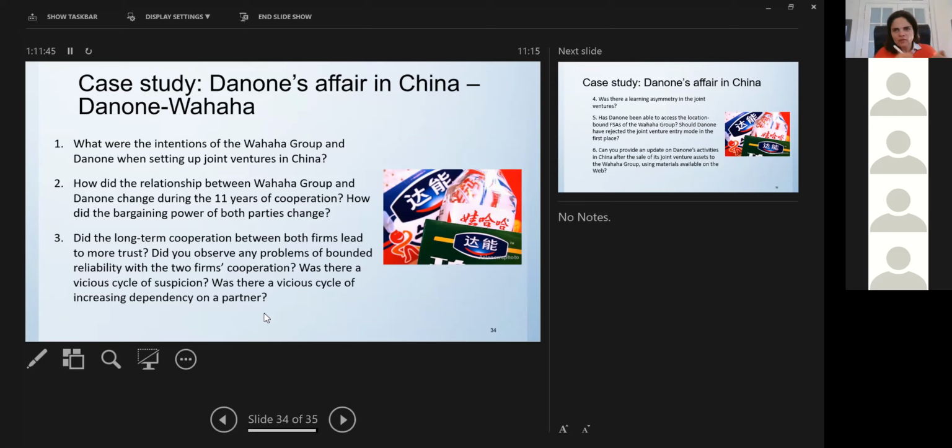Then they had joint venture partners and also non-joint venture partners, so there was a difference in understanding about what these joint venture partners could do for Danone. A lot of suspicion from both sides. So look into how this relationship evolved during 11 years of alliance and cooperation between the two.